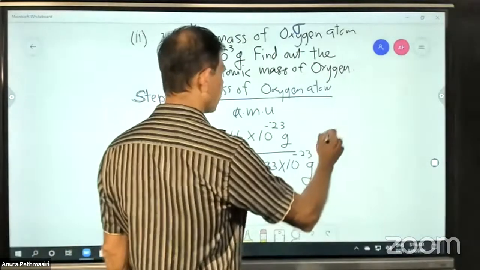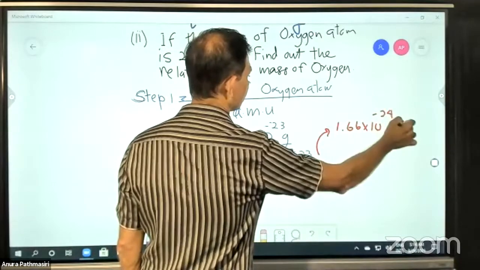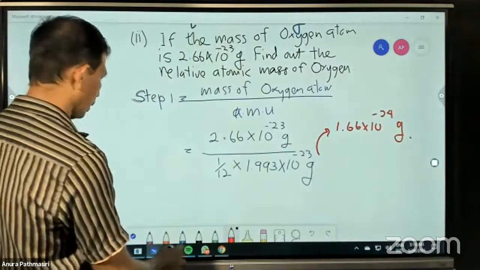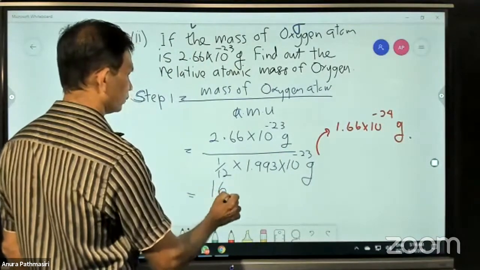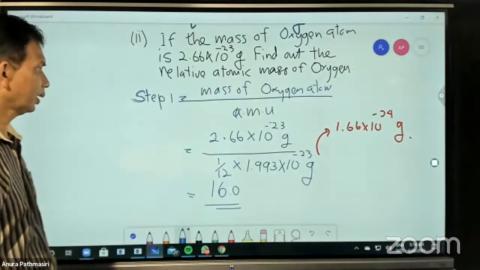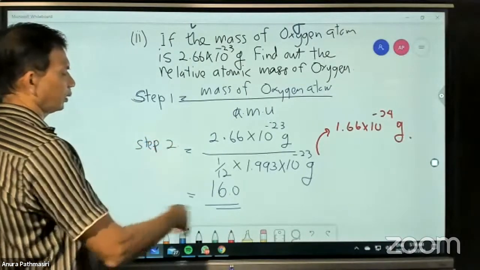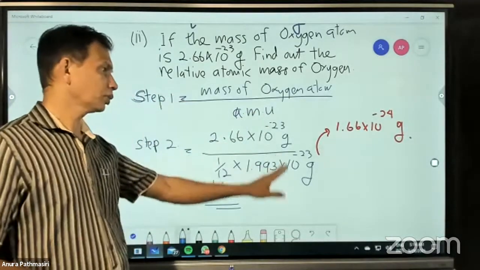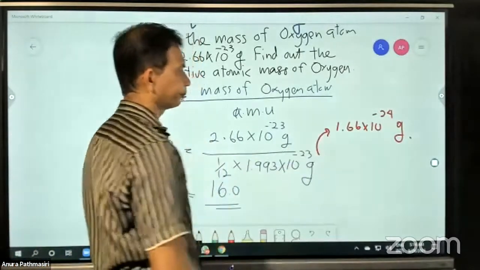Or else you can straightaway write 1.66 times 10 to the power negative 24. Then the final calculation will be 16, no gram. That's step 2, and then the calculation will give you that. So you can use either way.